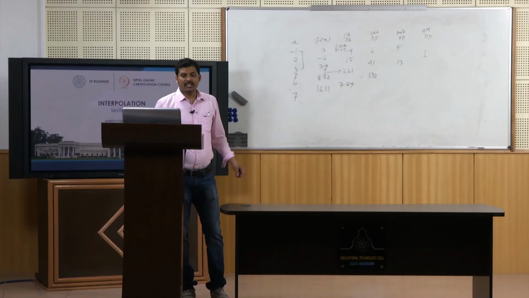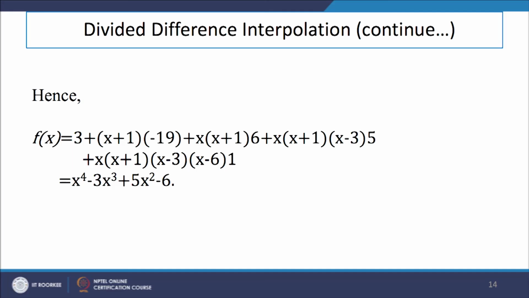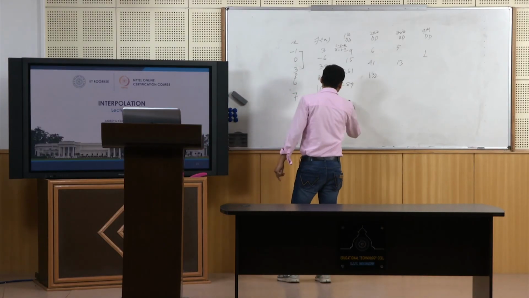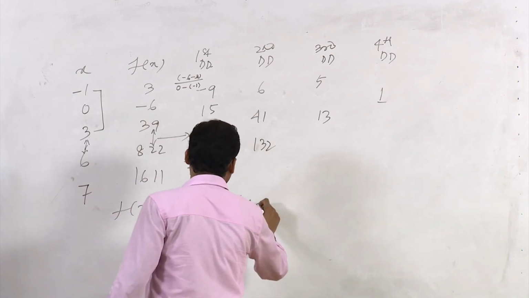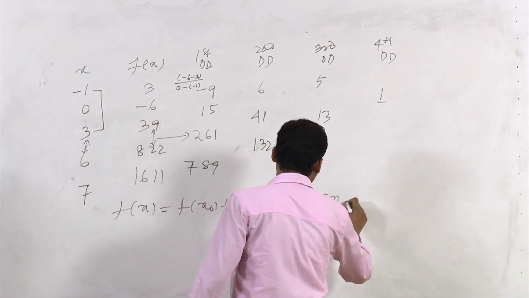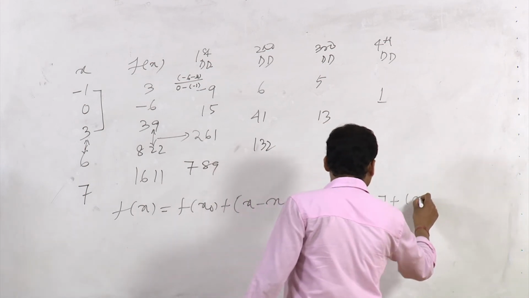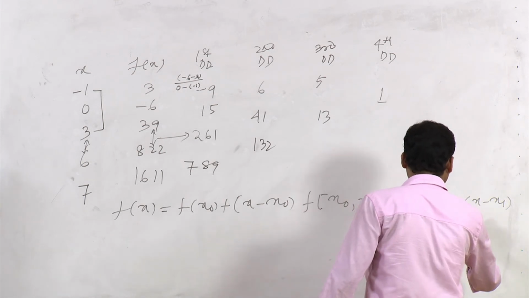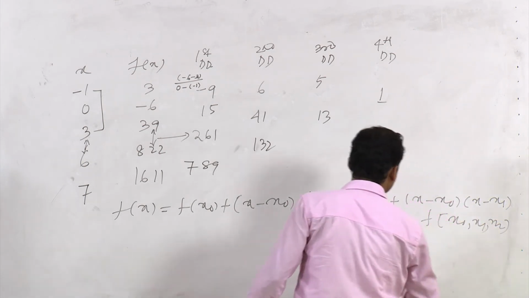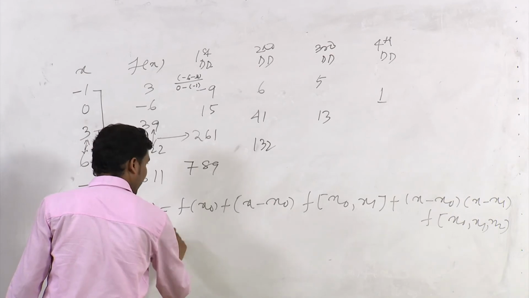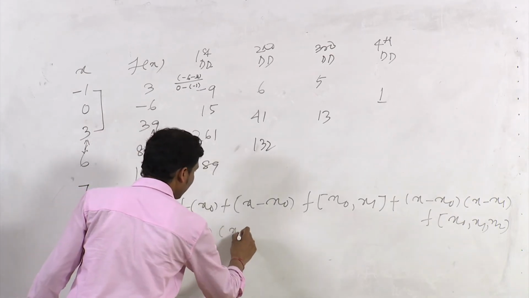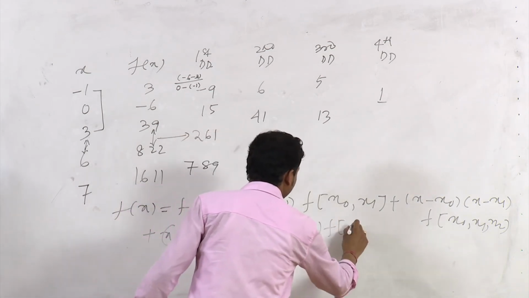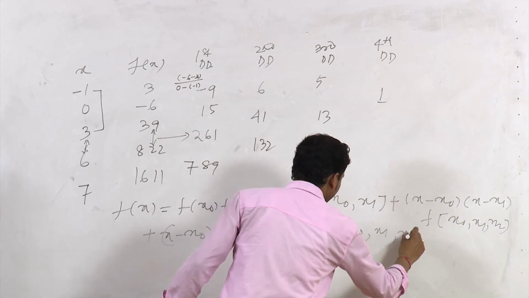If we put these in the formula, we obtain f of x equals f of x0 plus x minus x0, f of x0 x1, plus x minus x0, x minus x1, f of x0 x1 x2, plus x minus x0, x minus x1, x minus x2, f of x0 x1 x2 x3.